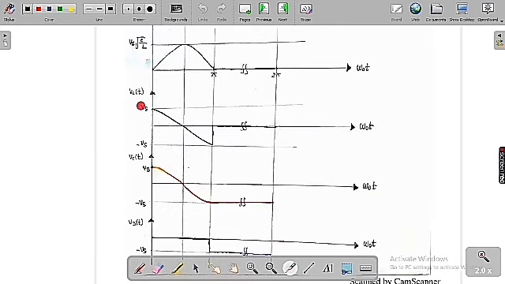definitely we are going to get the inductor voltage also equal to 0. The graph of VL of t and VC of t is the same for both up to pi. But after that, the capacitor voltage cannot change instantaneously, whereas the inductor voltage can change instantaneously.